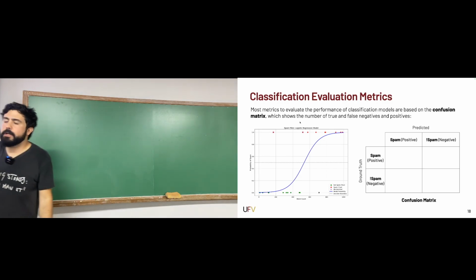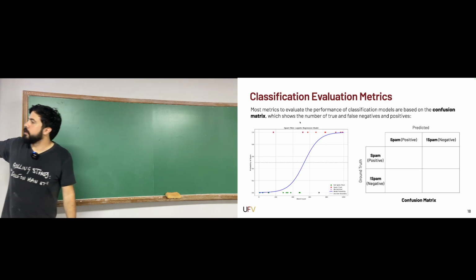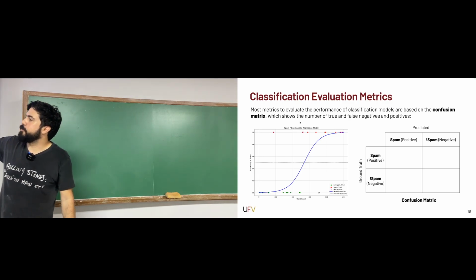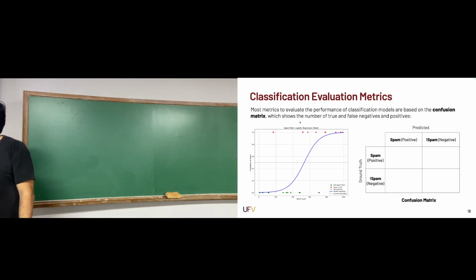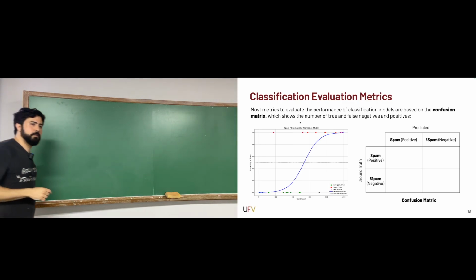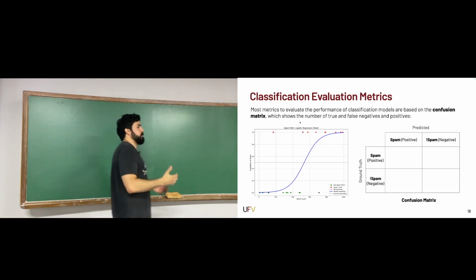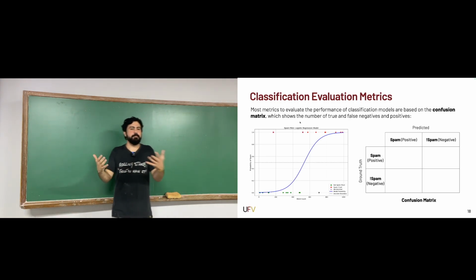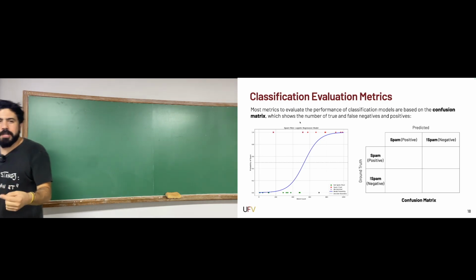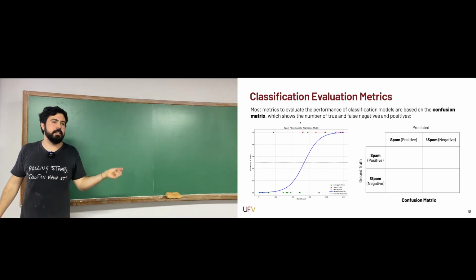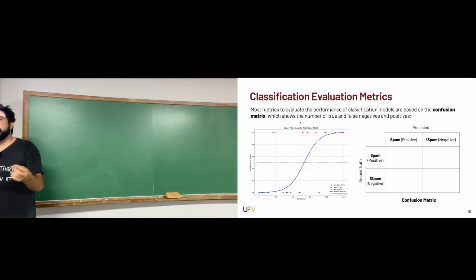Here's a logistic regression model trained to fit a data set of emails that are simply represented by the word count. So I pick an email, I count the number of words in there, that's my input feature, X only, and I try to predict just based on that if that's spam or not.